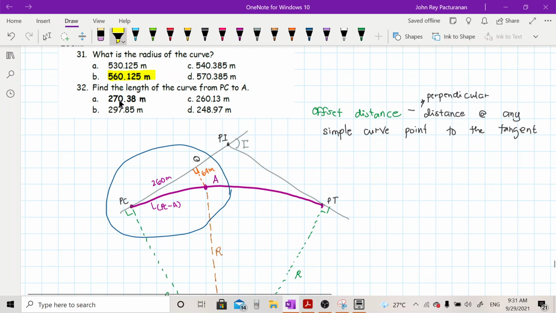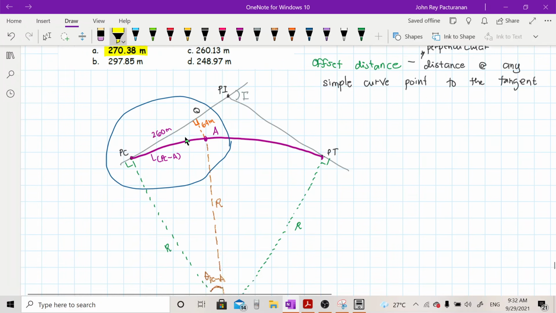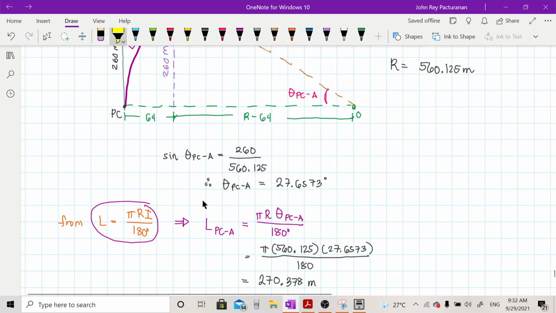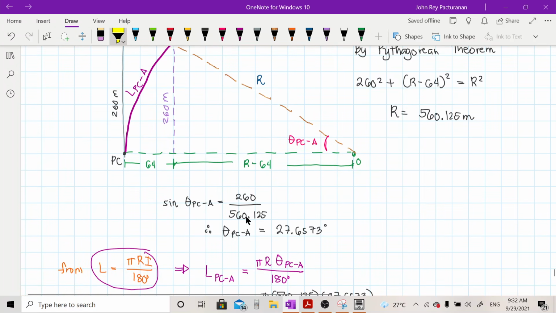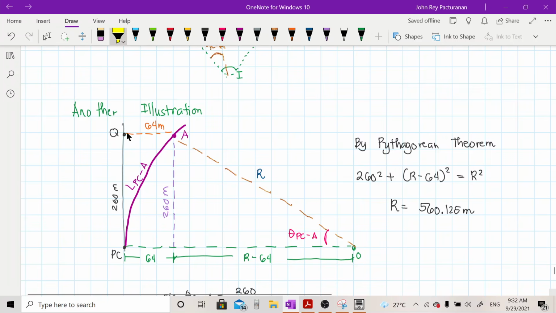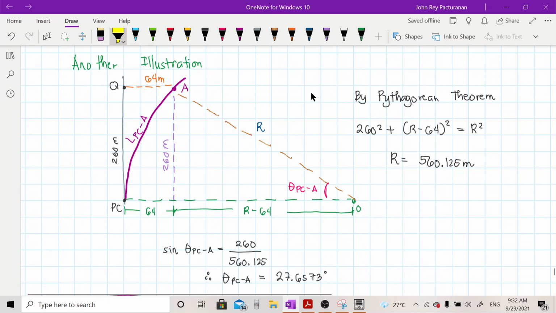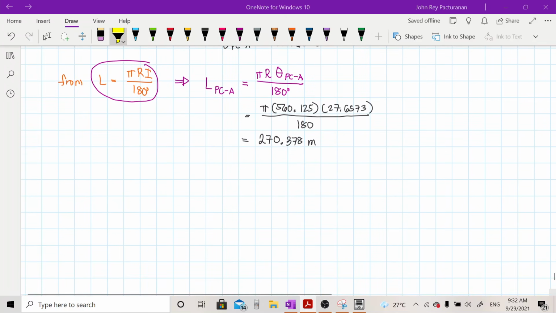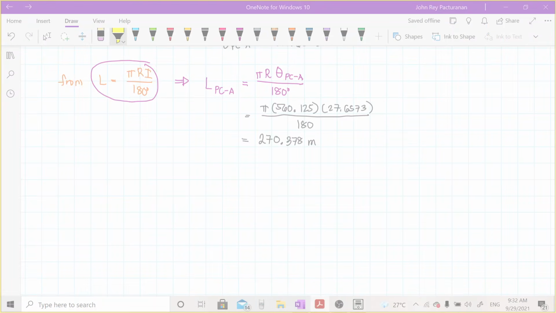Siguro, i-consider na natin yung 270.38 meters since siya naman yung pinaka malapit sa choices. Nevertheless, yun na nga, the moral of this lecture video, baguhin nyo lang yung orientation ng figure nyo, madali nang masolve yung problem. Okay? So, another example tayo regarding sa simple curve.